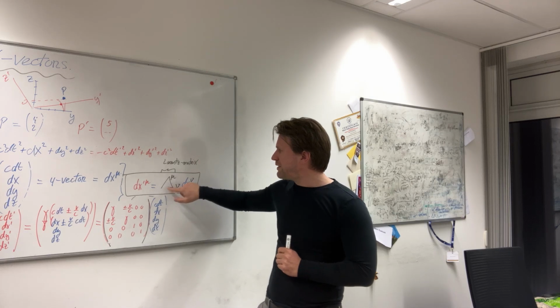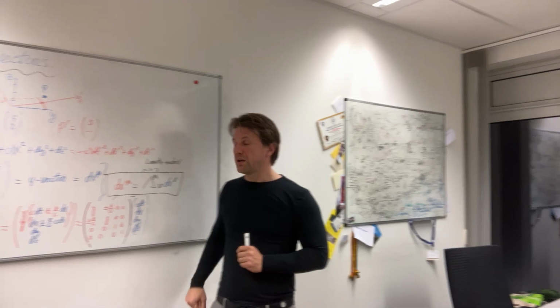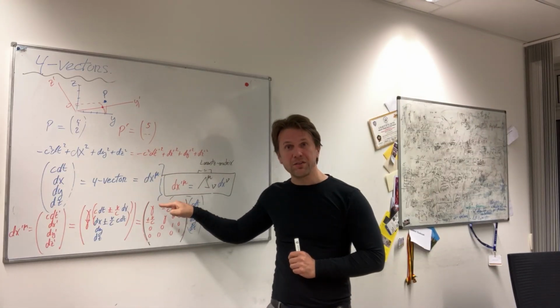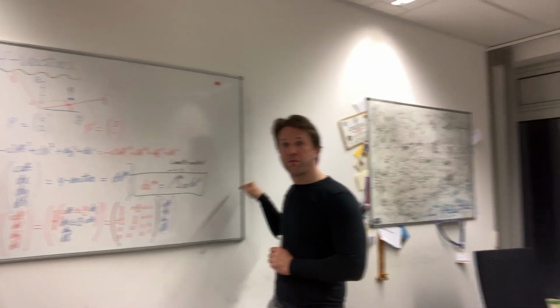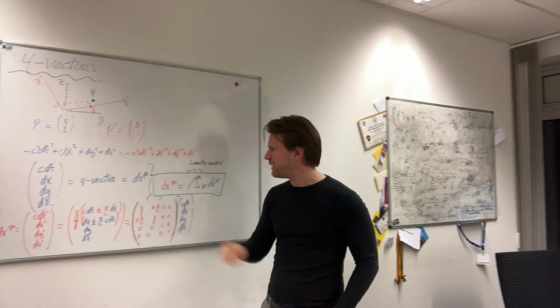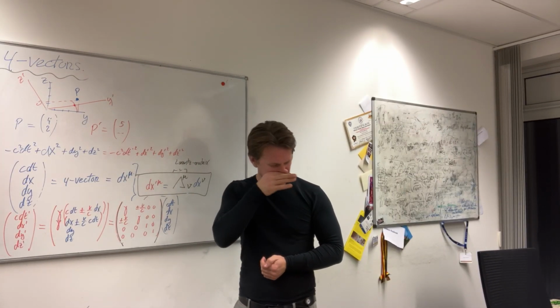So this splits up into something plus something plus something plus something, 4 terms. So this is shorthand for 4 equations, each and every single one of them having 4 things added together. So it's really a whole bunch of equations all grouped into one nice small expression. Okay.